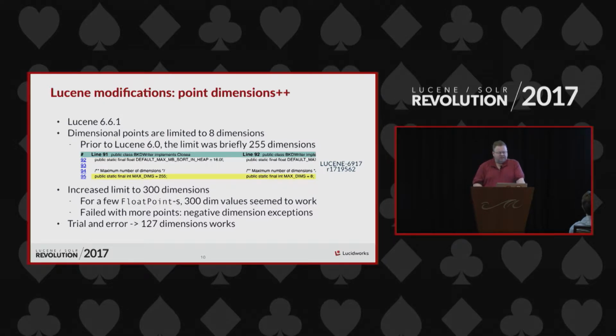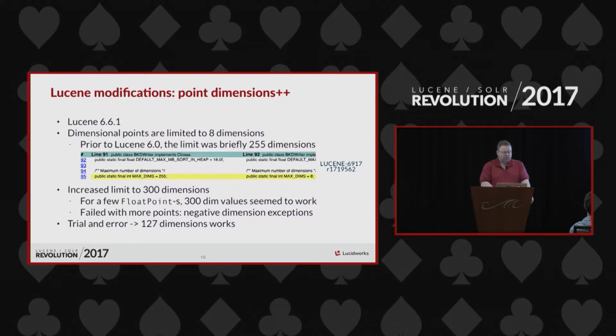Prior to Lucene 6, when points were first introduced, the limit for BKD, as it was previously called, values was 255 dimensions for a couple of months or something like that. But then, before the release of 6, it was reduced to 8.